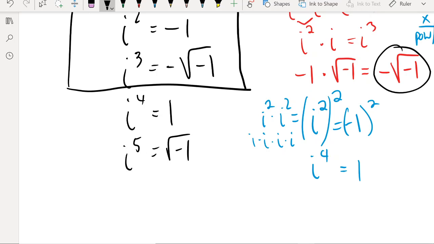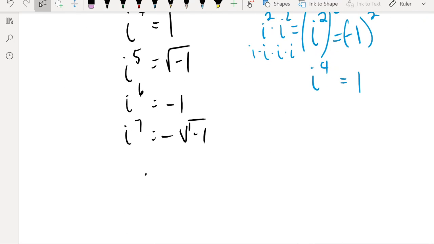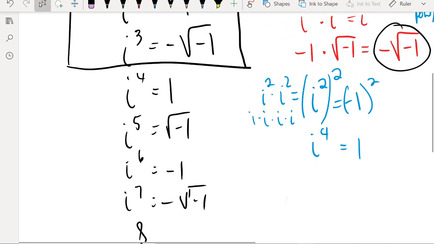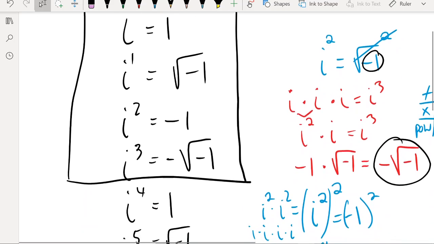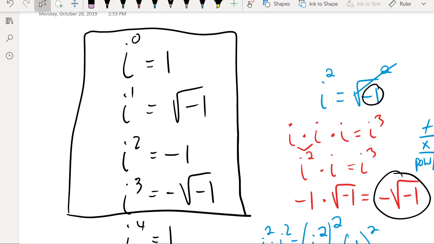I to the 5 is just the square root of -1, I to the 6 is -1, I to the 7 would be negative square root of -1, and then we'd get 1 again, and so on and so on. 8, 9, 10, all the way to infinity, okay? So the pattern is actually starting at 0 and going to 3, and then every fourth power of I is going to be the same as its previous one.